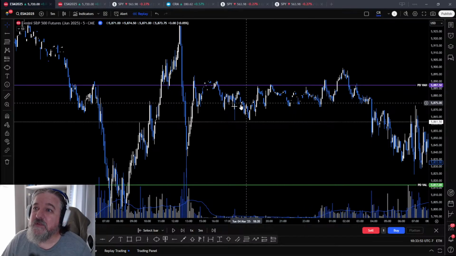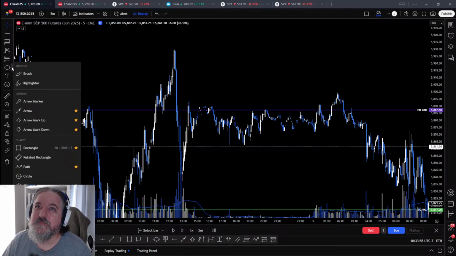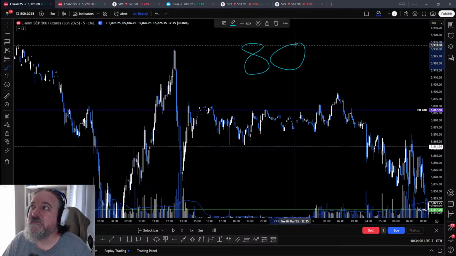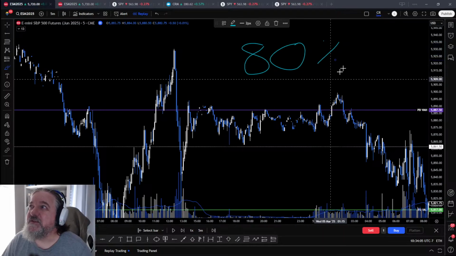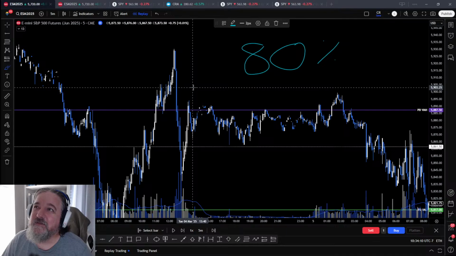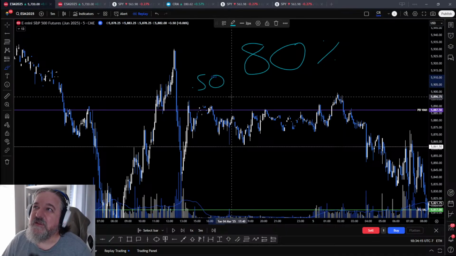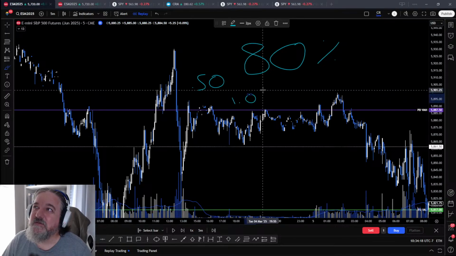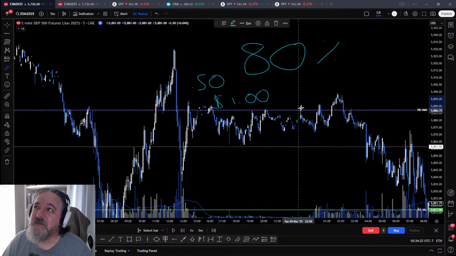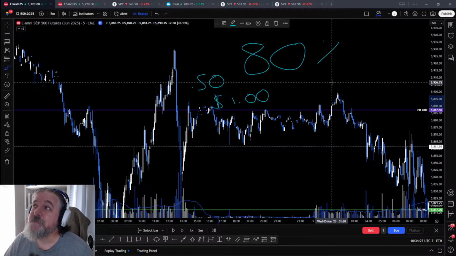Let's just say right now you're an 80% win rate trader, but the issue with your 80% is you're only getting 50 cents for every dollar that you risk. And the reason you're only getting 50 cents is because you're trailing your stop loss. So even at an 80% win rate, you're actually losing money, right?